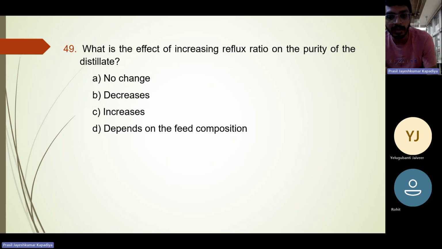So what is happening? We are increasing the value of liquid holdup. Because of that, VLE will be good and we will get a higher amount of purity. If you go for the MESH equations, the mass equation for distillation, you will see there is one term M, that is holdup. So increasing reflux means increasing purity.